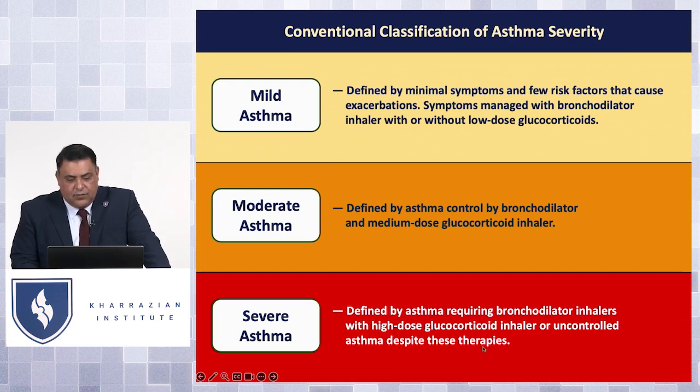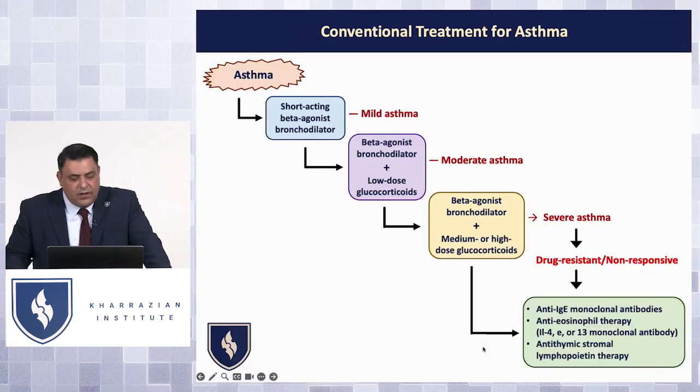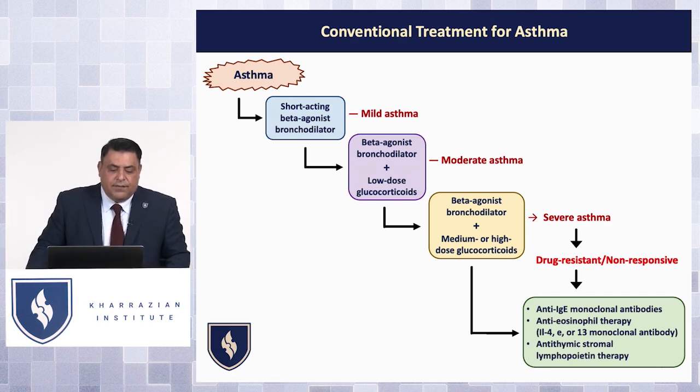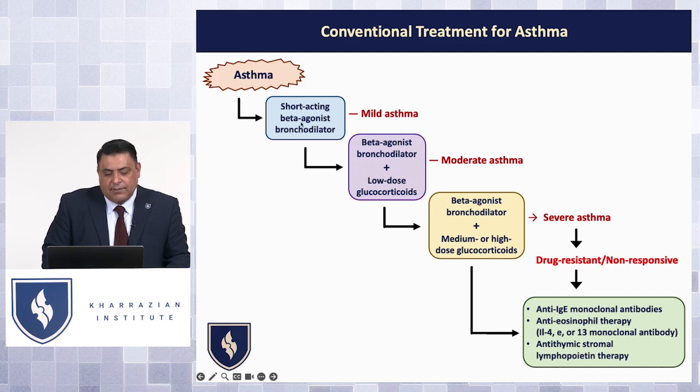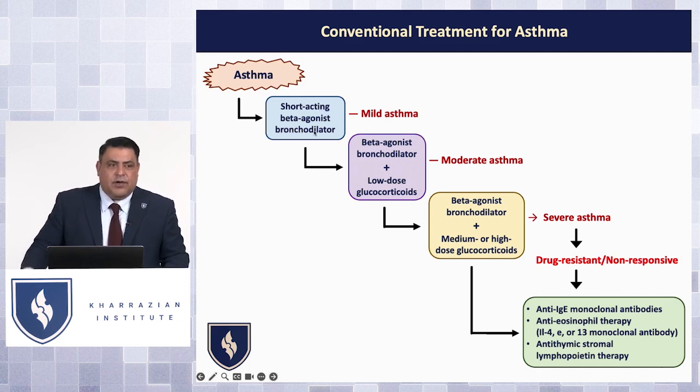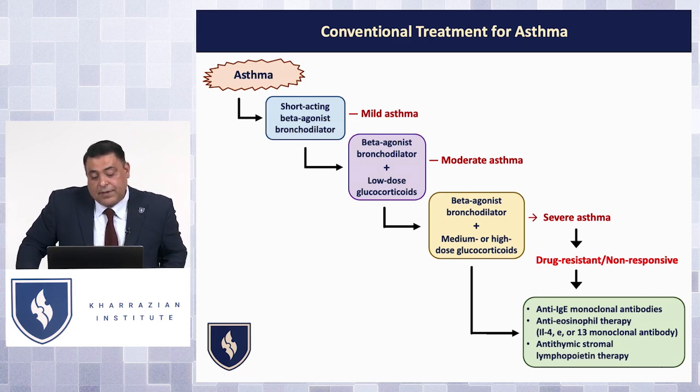So when you look at the conventional treatment for asthma from mild, moderate to severe, if they have mild asthma, they may just be given a short-acting beta-agonist bronchodilator without any glucocorticoids at all. Just if they can bronchodilate, does that make any difference for them? And that would be ideal because you don't want a person to start getting exposed to glucocorticoids, even at low doses, on a regular basis.